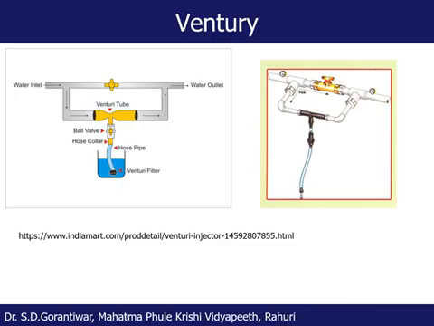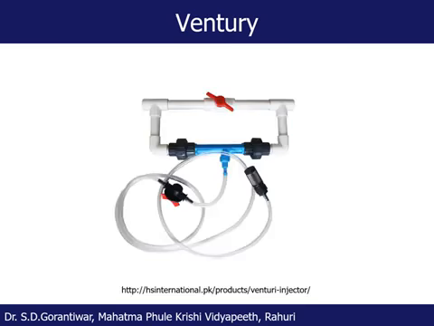The venturi has a contraction, because of which the pressure head is converted into velocity head, and therefore there is a pressure drop in the system. Because of this pressure drop, the water with the fertilizer kept in the container will be sucked into the system here, and then applied through the drip irrigation system. This is also one such venturi unit available in the market, and it is easy to use as well.